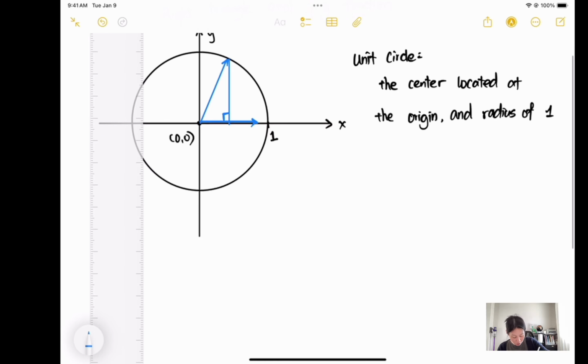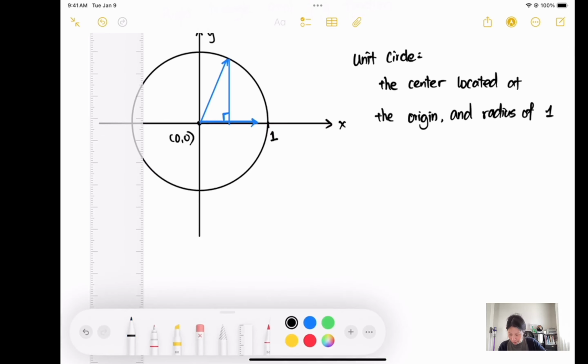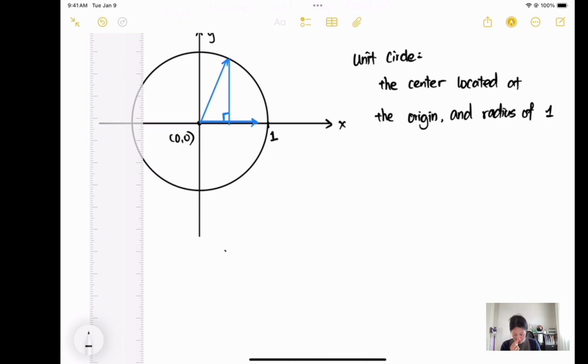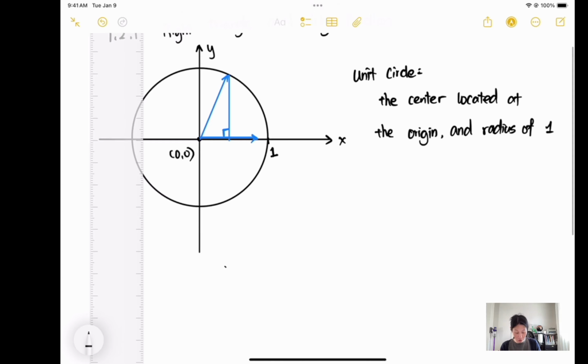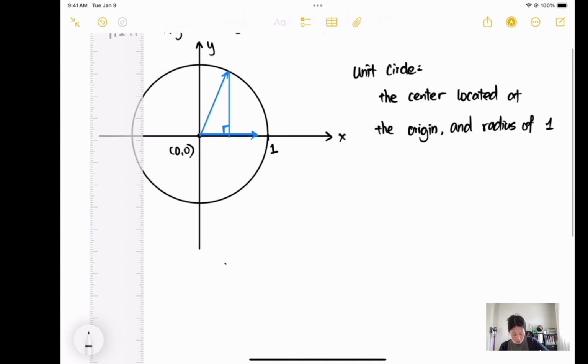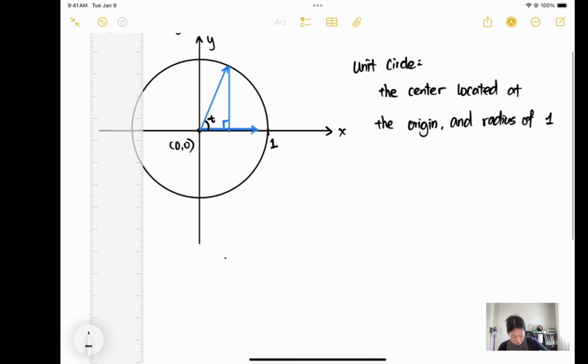A trigonometric function is given any right triangle with an acute angle of t. Let's say this angle is t. We have the definition of sine: sine t is equal to the opposite side over the hypotenuse of the triangle.